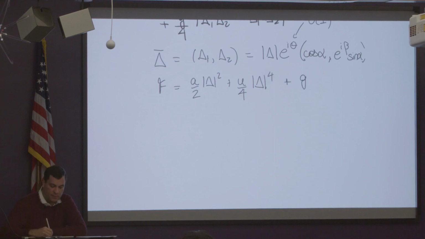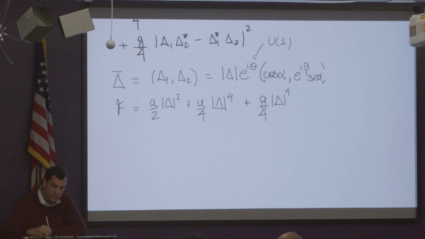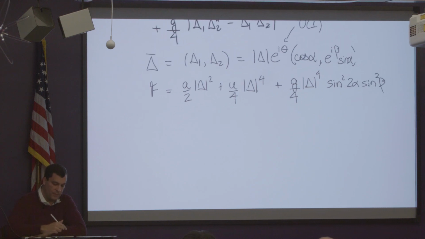But now we're going to get G over 4 delta to the fourth times sine squared 2 alpha sine squared beta. Okay? And this here is the free energy that we will solve now.